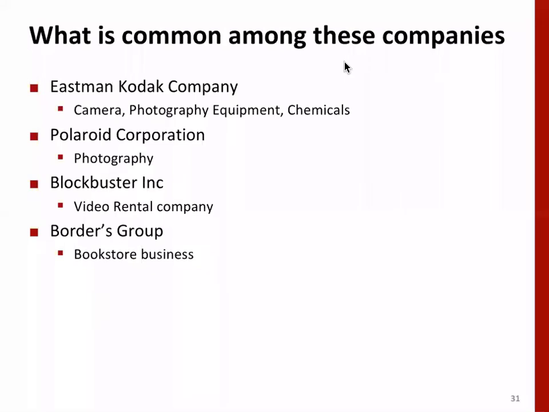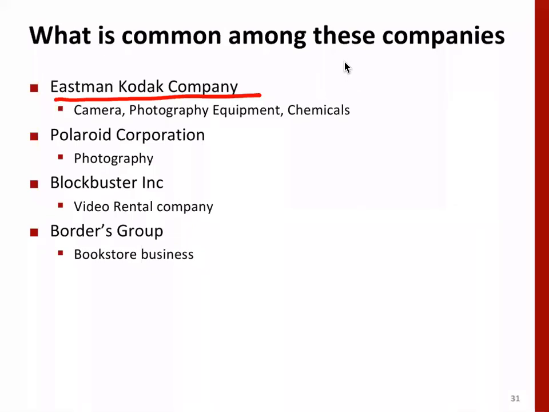Okay. The question to you is, look at these companies. Kodak. I'm sure your father would have used a Kodak camera that has photo film. I learned photography as a child using a camera which was basically a Kodak camera. Actually, it was prior to Kodak. It's called Rolleiflex, but it had photo film.